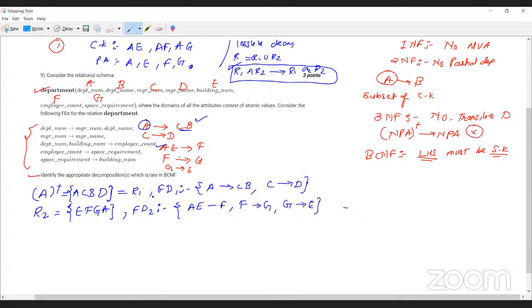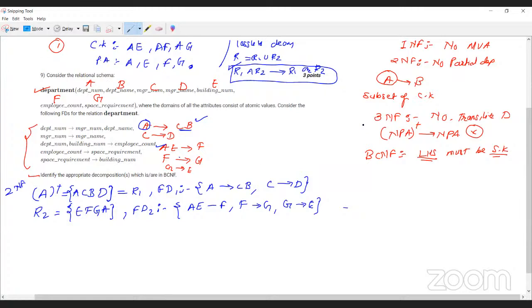Yes, we should also check for transitive dependencies. As of now, R1 and R2 are in 2NF, because in 2NF we do not consider transitive dependency, only partial dependency.